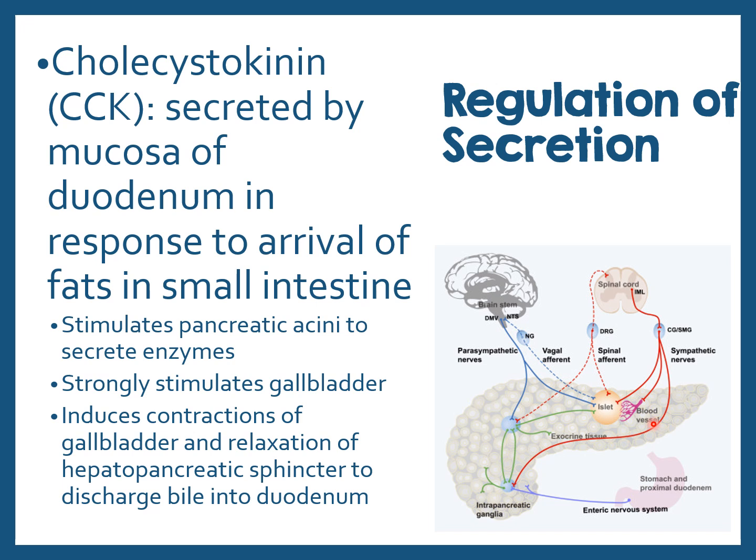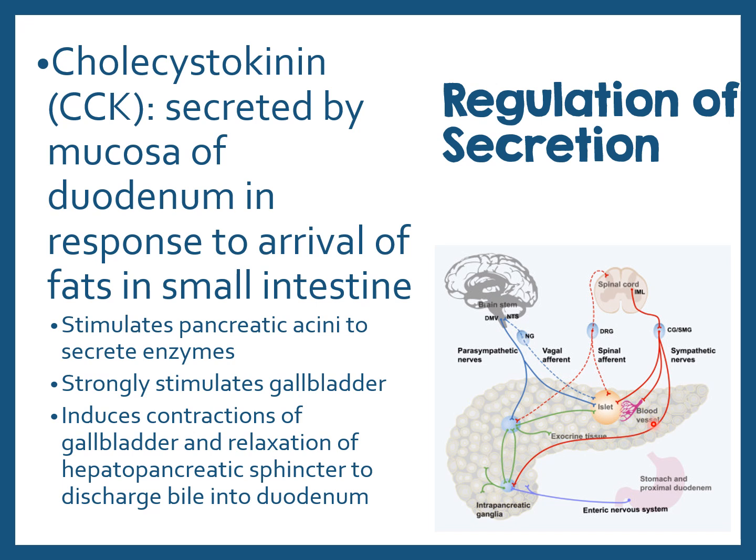At the same time, the gallbladder is also going to respond to the CCK, and it's going to stimulate that gallbladder to start contracting to release the bile that is stored so fat can start being broken down. And then the CCK also is going to have an effect on that hepatopancreatic sphincter.